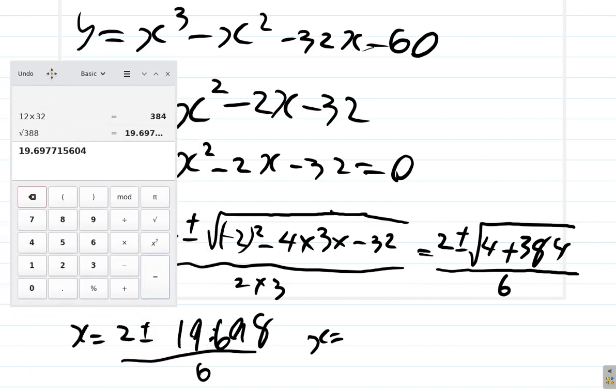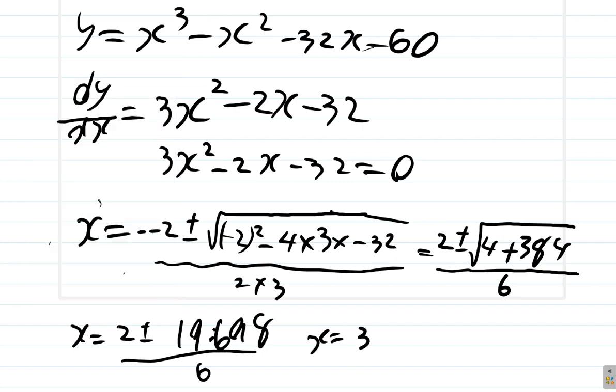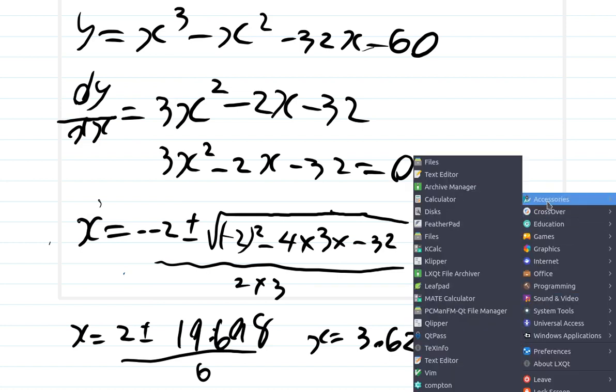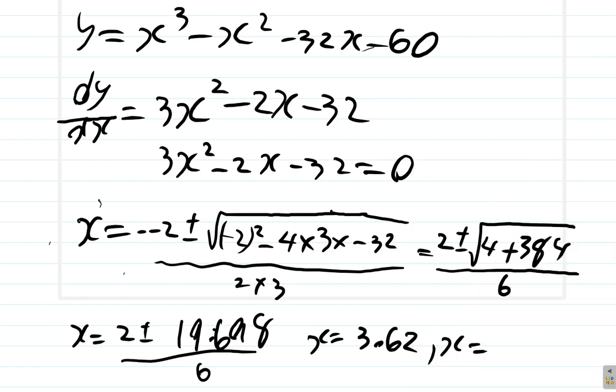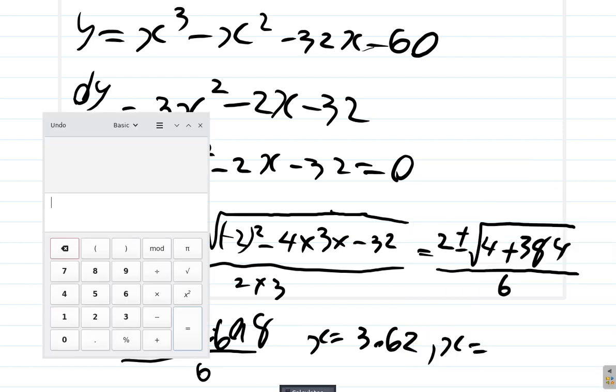So in one case we have 2 plus 19.698, we'll put in bracket here, and that will be over 6, equal 3.62, and x is also equal to, let us see what this is going to be.